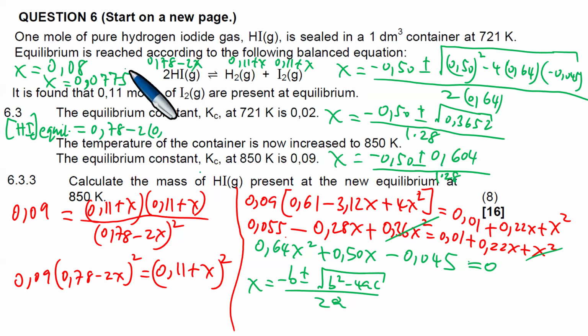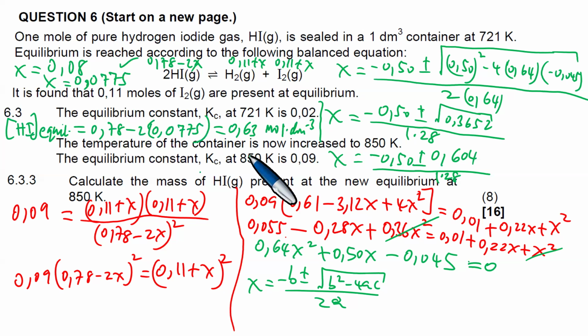So I'm going to use this more accurate one, because this one is rounded off. Now for this hydrogen iodide, you'd have 0.78 minus 2 times 0.0775. If you use a calculator, you get 0.63 moles per decimeter cubed.